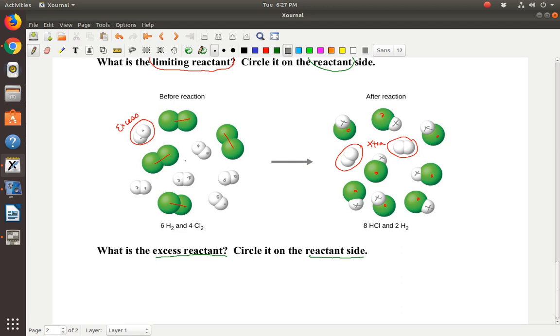So this would have been a time when I had 12 hydrogens in my given. 8 of my hydrogens would have gotten used. And so 4 would have been left over. And that's what I have here. 1, 2, 3, 4 left over that did not get used.